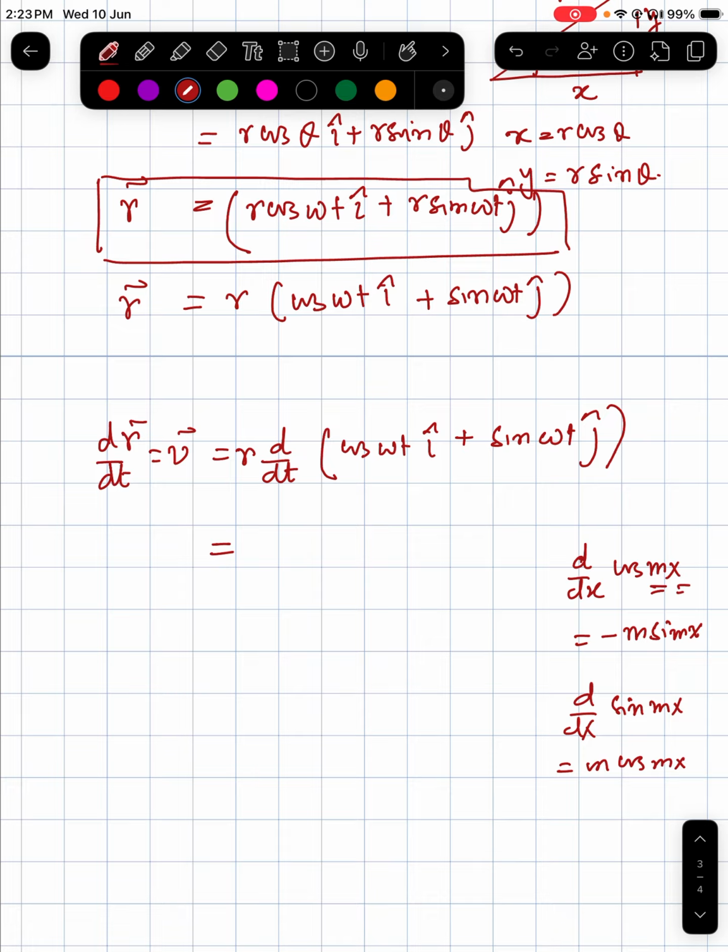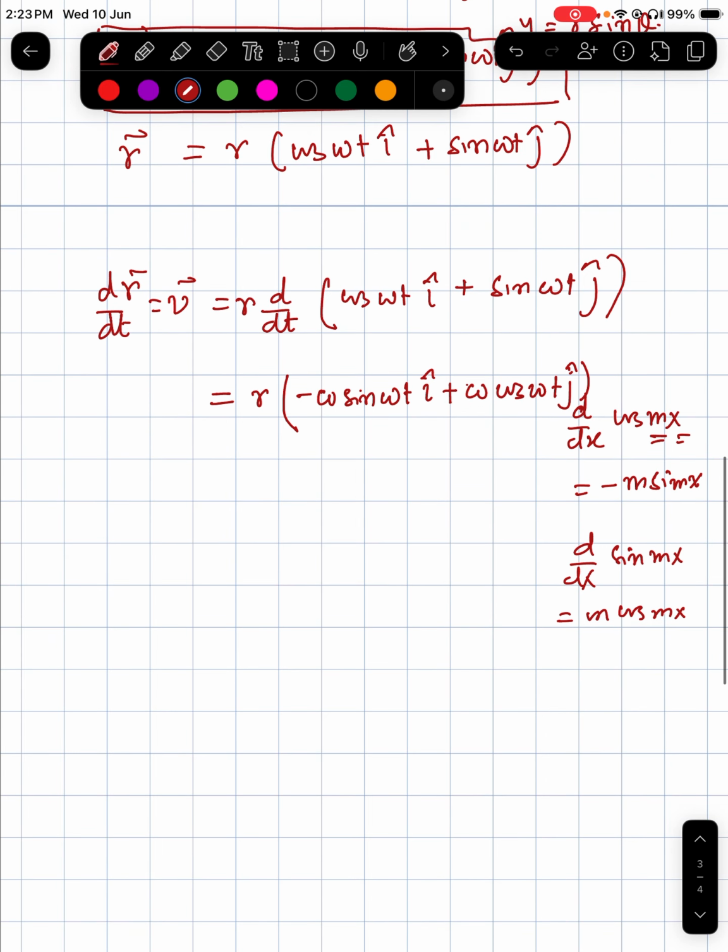If I use that, the first term, cos, becomes minus omega sin omega t i cap, plus omega cos omega t j cap. So I am taking omega outside.